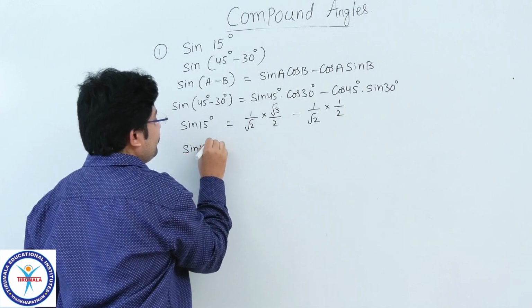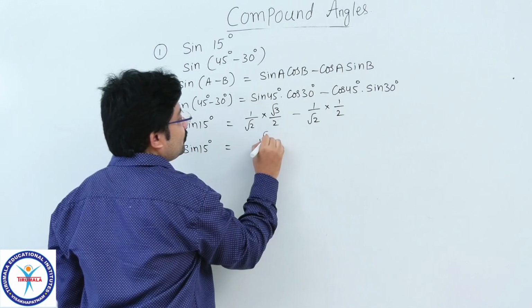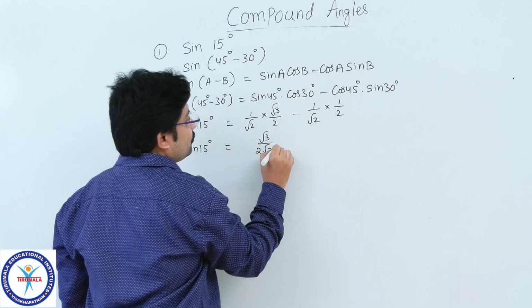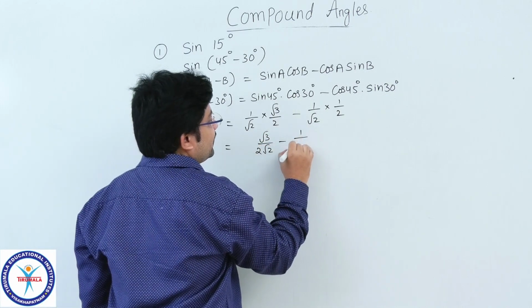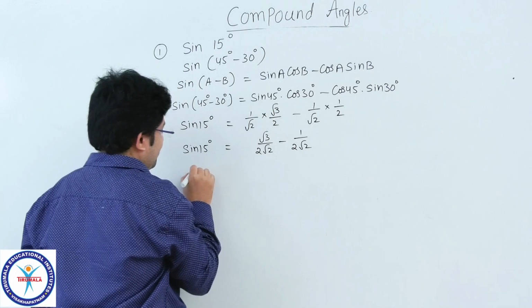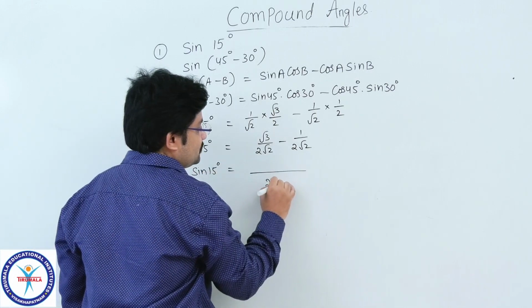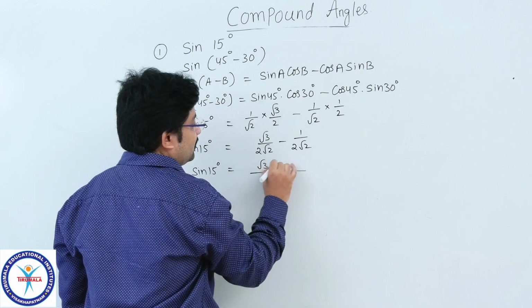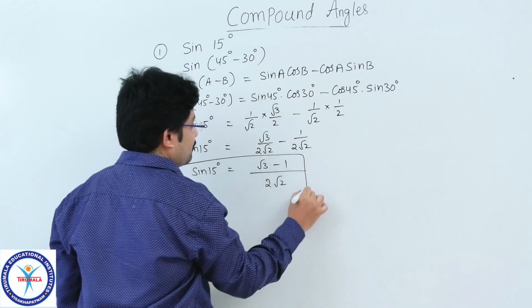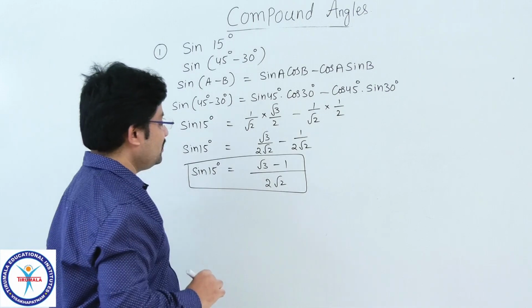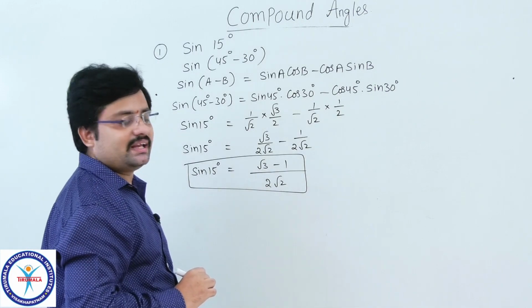Therefore, sin 15 degrees is equal to root 3 by 2 root 2 minus 1 by 2 root 2. Taking the LCM, 2 root 2, it is root 3 minus 1 by 2 root 2. This is the value of sin 15 degrees.